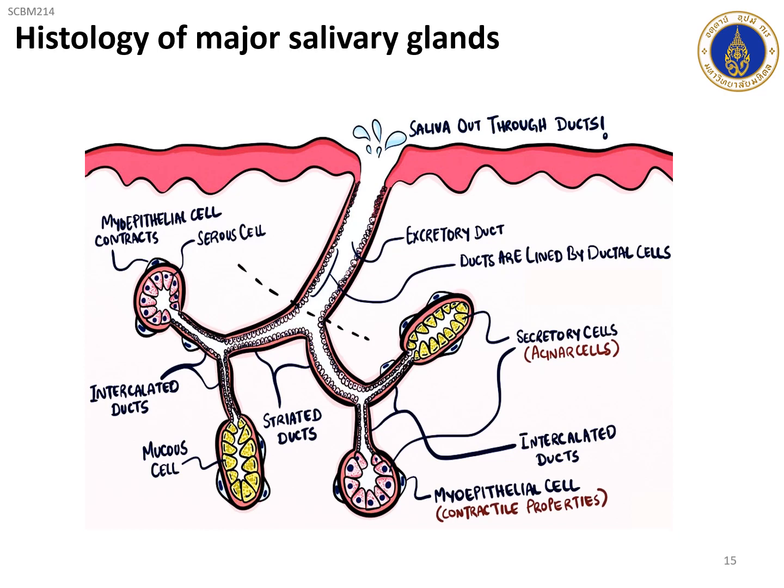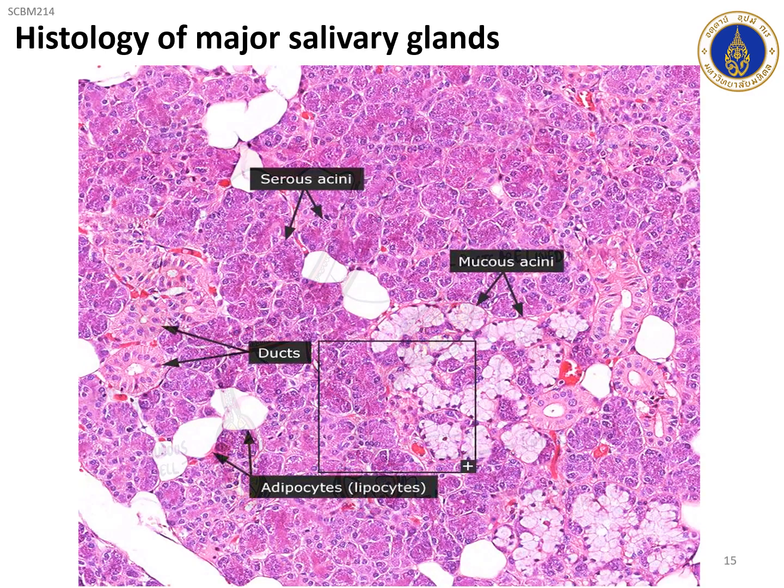Each salivary acinus connects with salivary duct, ranging from small intercalated duct to striated duct and the large excretory duct. There are a few myoepithelial cells capped the periphery of each acinus.